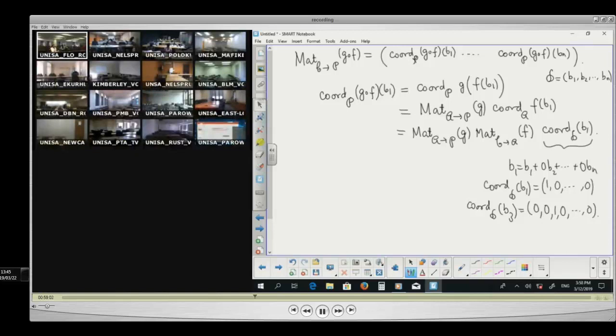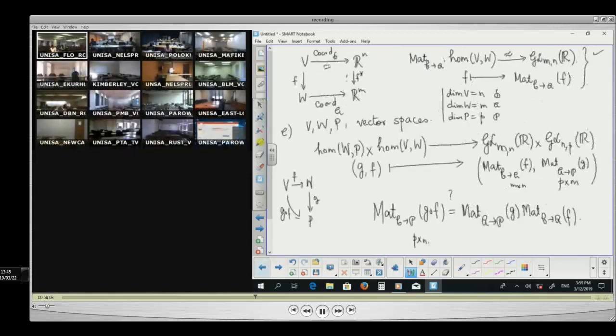This is also a linear bijection, but it has another beautiful property. I cannot say that it preserves products because this doesn't have any products at all. You cannot multiply two things here, but some such thing.